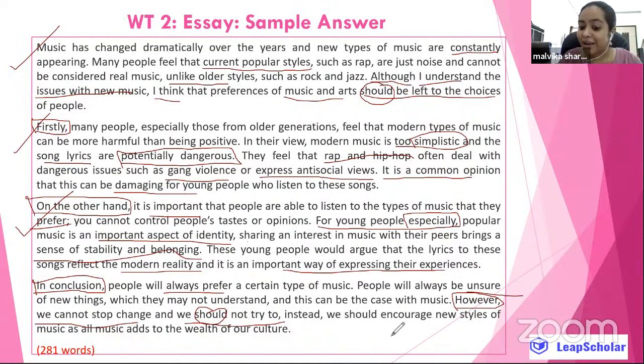We should encourage new styles of music. Okay? New styles of music should be encouraged, as all music adds to the wealth of the culture. Now see, when I'm talking about should and giving things like, as all music adds to the wealth of culture, I am presenting a kind of view, and I'm also recommending that let's not fight, let's not say that one is really better than the other.